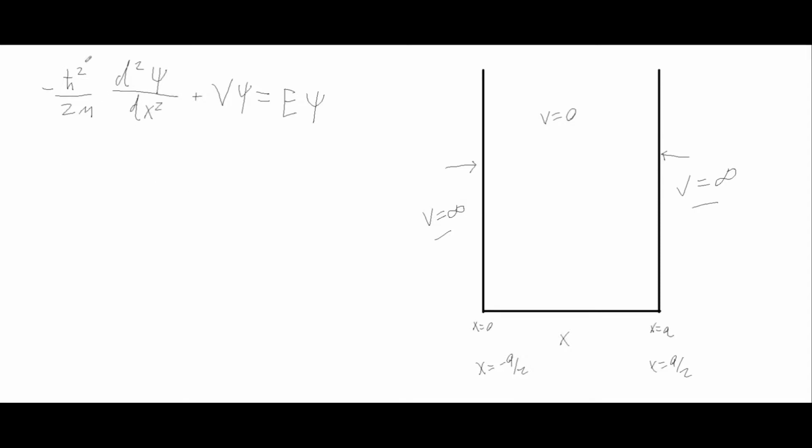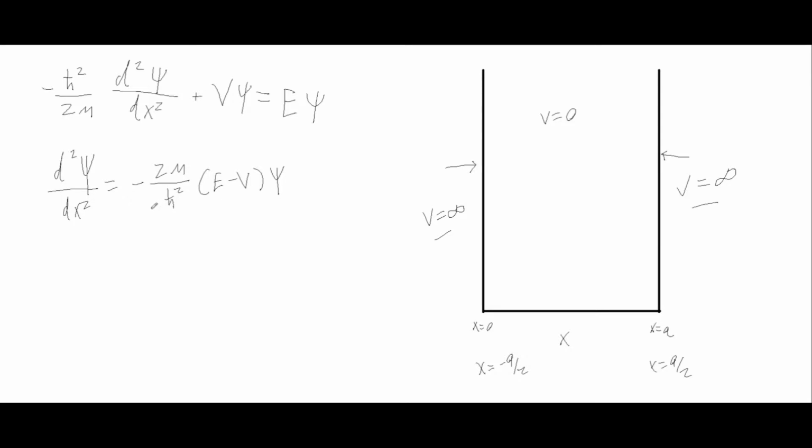All right, as I said, this is the time-independent Schrodinger equation, and I showed in the previous video that we can rearrange it so that the second derivative of the wave function psi with respect to x is equal to minus 2m over h bar squared, times E minus V, acting on our wave function.